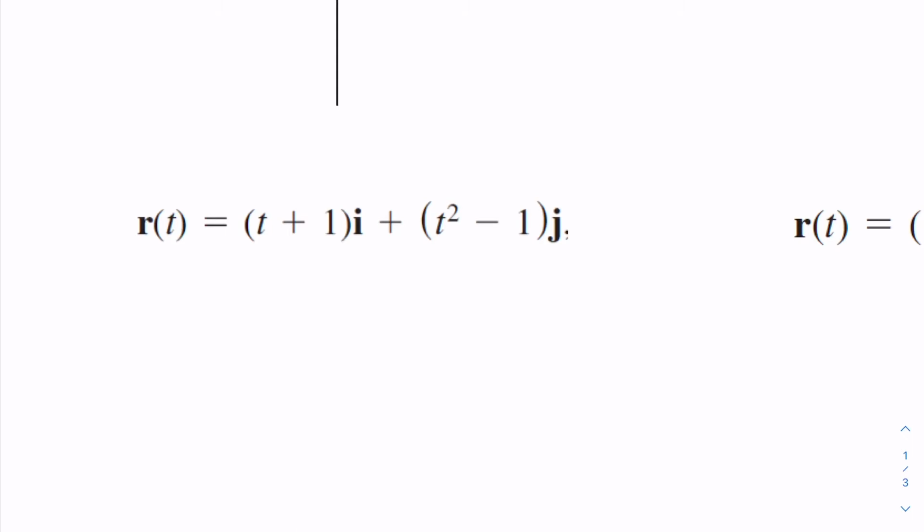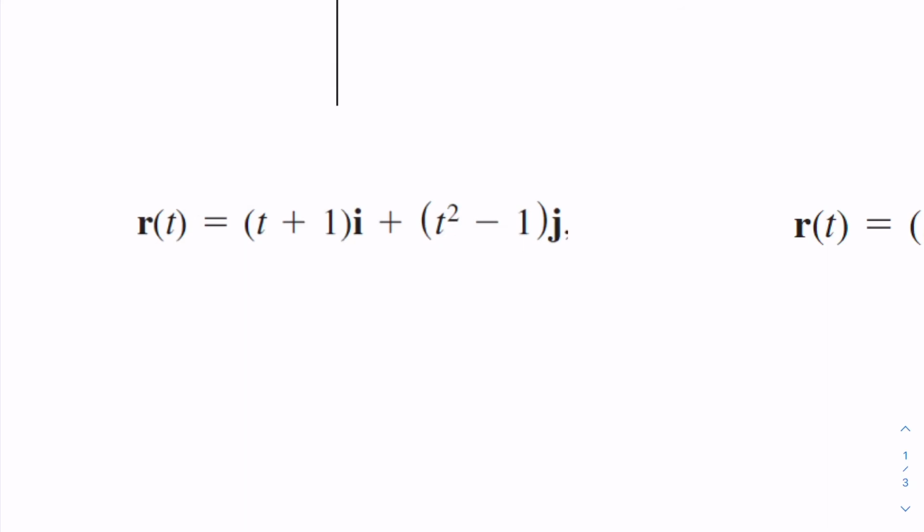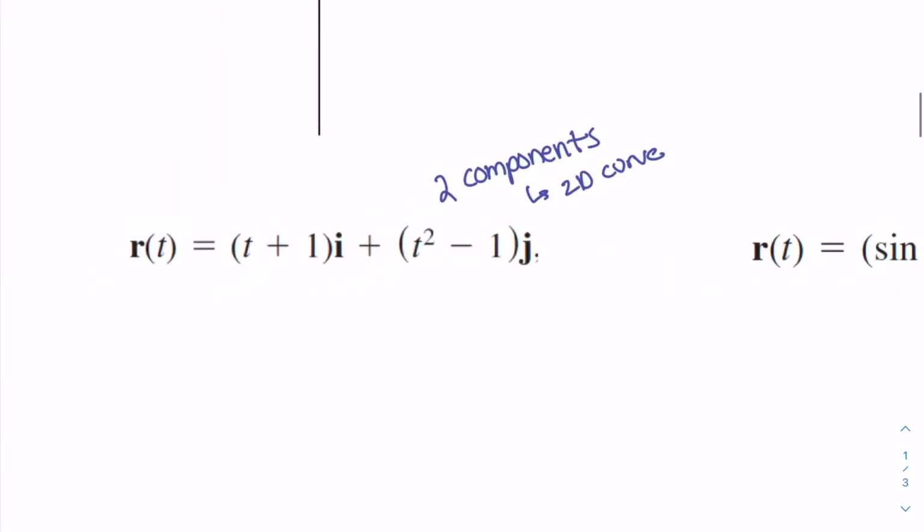So there's only two components to this graph. So we know it's going to be a 2D curve. So it's in the xy plane because there's only x and y possible coordinates.